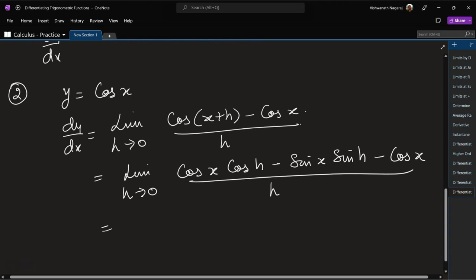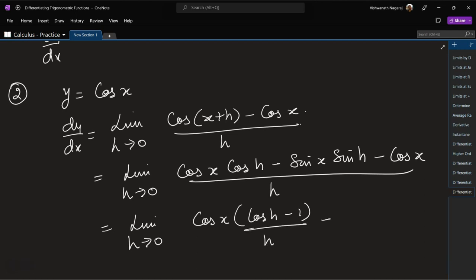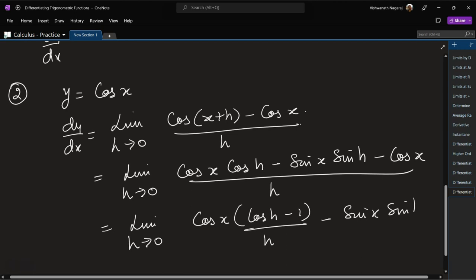Now here we can rewrite this as the limit as h approaches 0 of cos x times cos h minus 1 by h, minus sin x sin h by h.